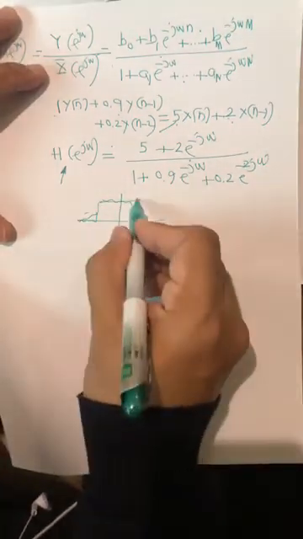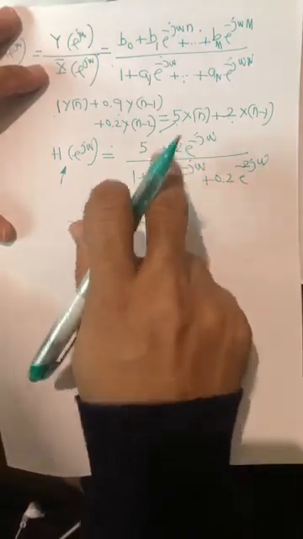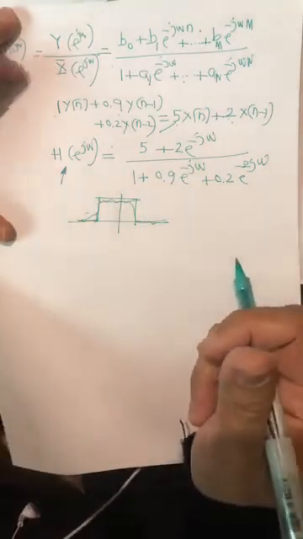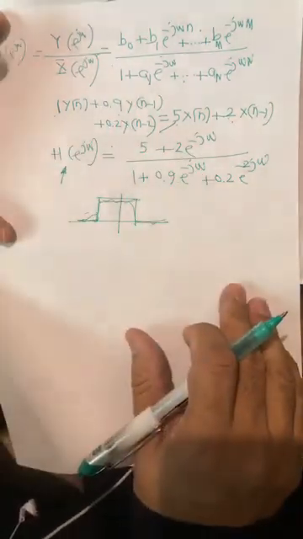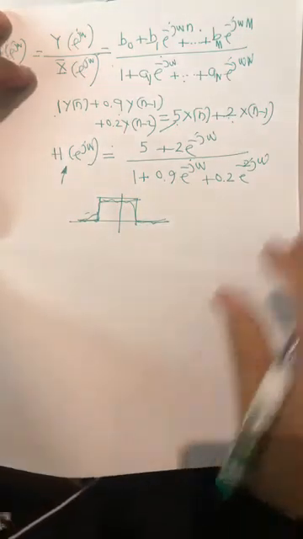Ideally it should be like this, but you are never going to get an ideal one, whether you have an infinite impulse response system or a finite impulse response system. So this is a very important expression. We are almost done.